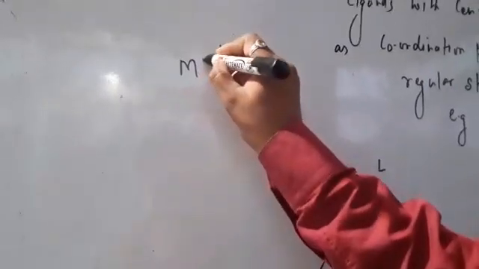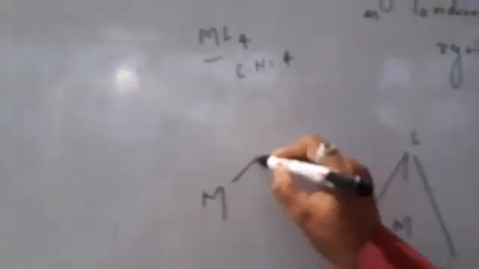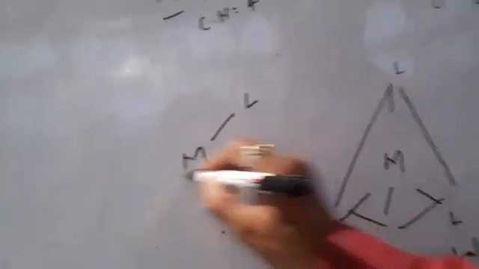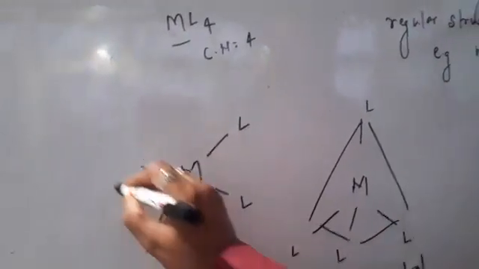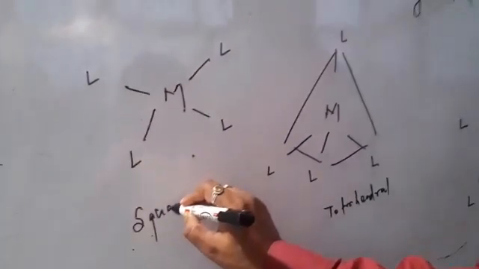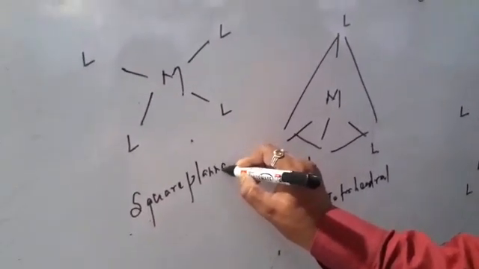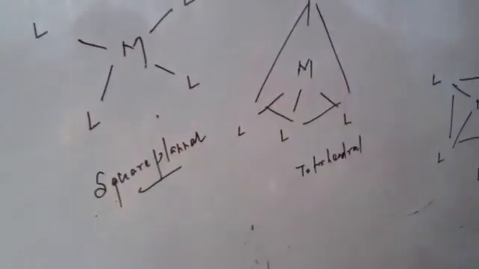And one structure is square planar. Coordination number is 4. All the ligands lie in the same plane. This structure is called square planar. It always forms inner square planar complexes.